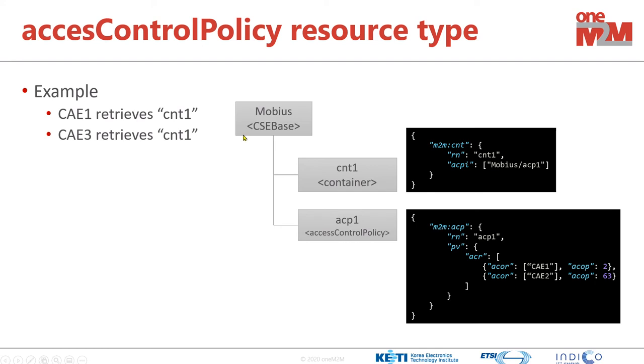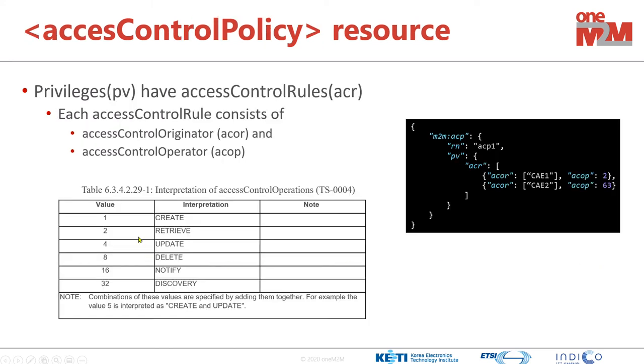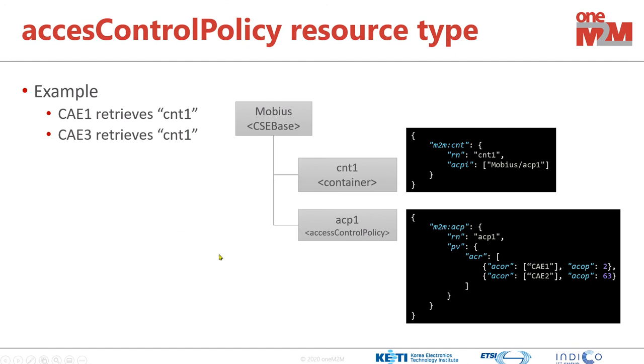In our assumption, for example, CAE1 retrieves CNT1. In the rules, each row is one rule. The access control originator, CAE1, can do something. 2 means retrieve, right here. And CAE2 can do something for 63.